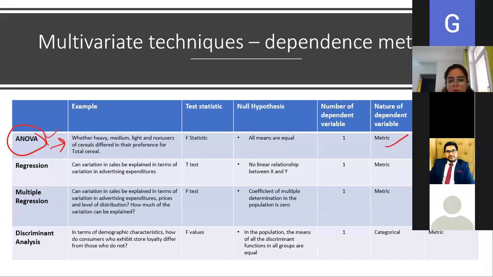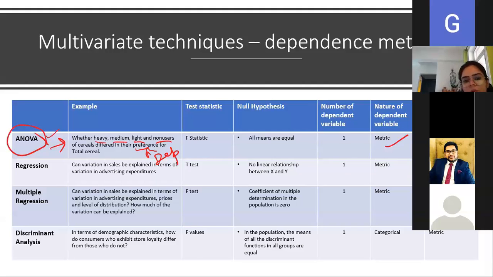I have already given you a hint that the independent variables are categorical. Cereal preference is dependent on heavy, medium, and light usage. So preference is the dependent variable, which is dependent on the independent variable: heavy, medium, light, non-users.